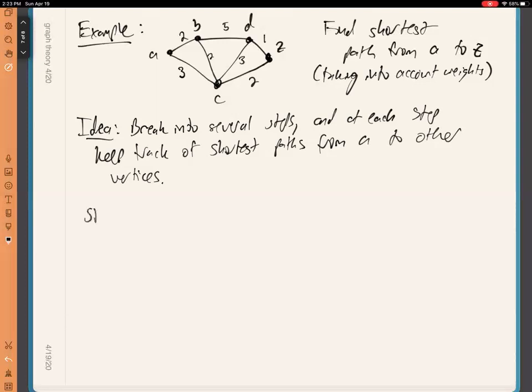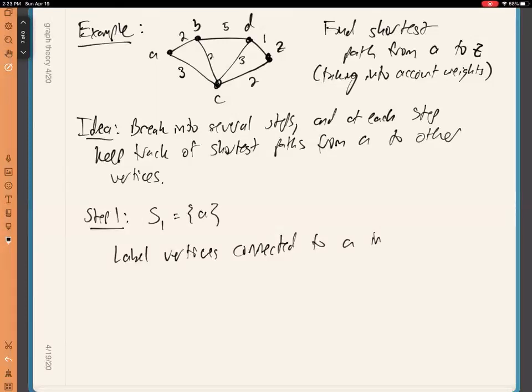And so what are we going to do? So step one, I'm going to pick a set of vertices, which I'll keep adding to. And so I'll begin by setting my set just equal to the vertex A. And what I now want to do is label the vertices connected to A in terms of their distance to A, meaning the distance in terms of the weights.